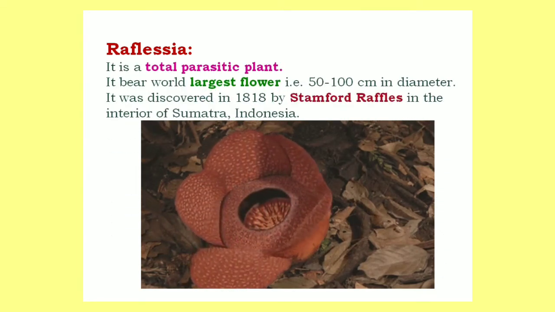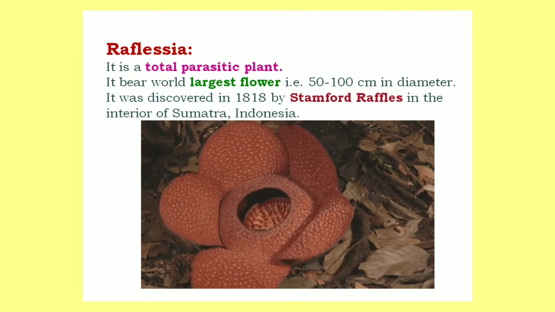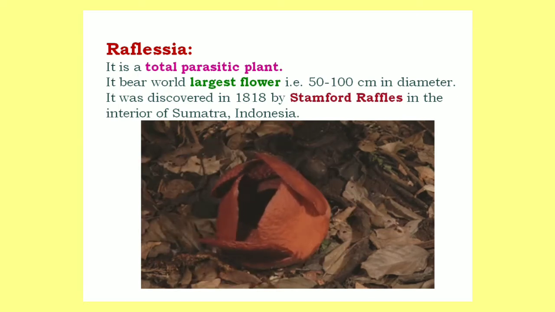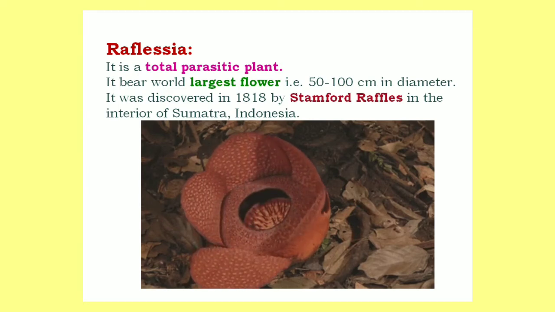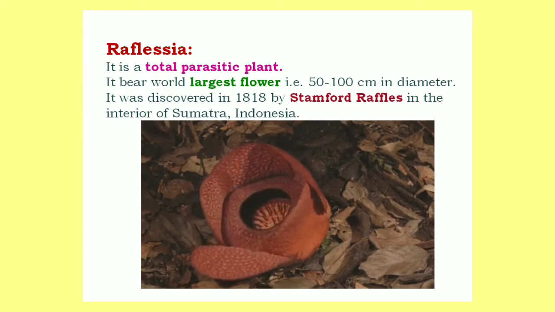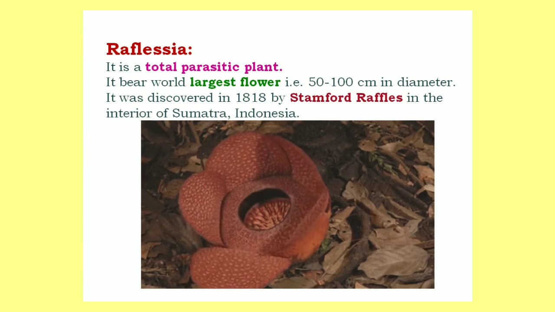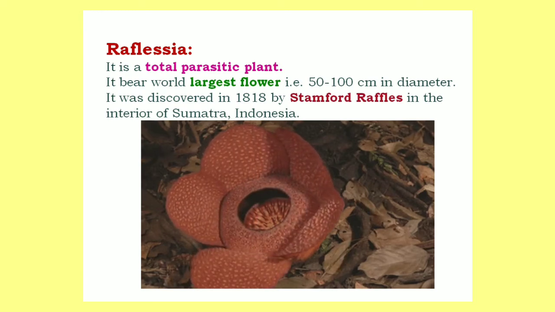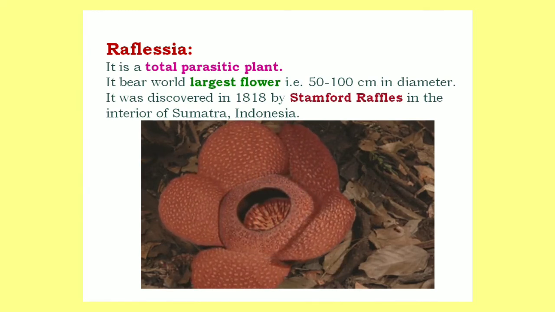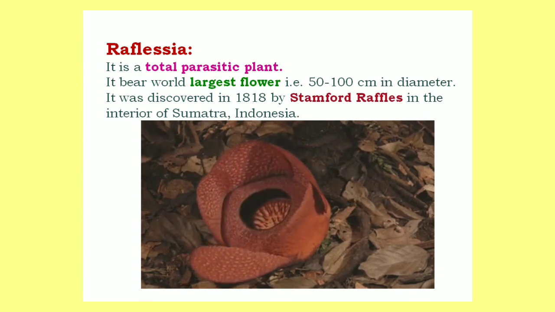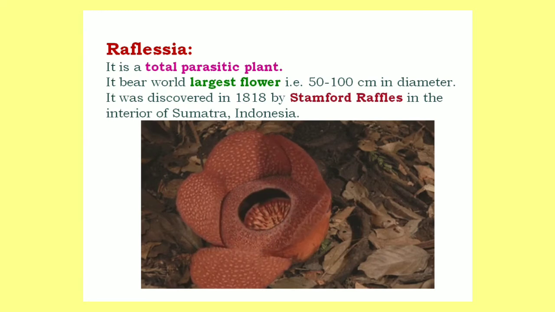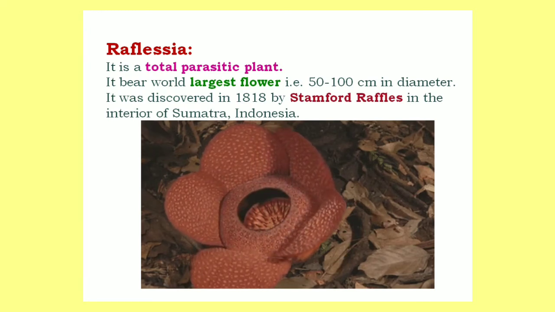Each flower measures nearly 50 to 100 cm in diameter and weighs over 8 kg. Rafflesia was first discovered in 1880 by Stamford Raffles in the interior of Sumatra, that is Indonesia, and hence it got the name Rafflesia.